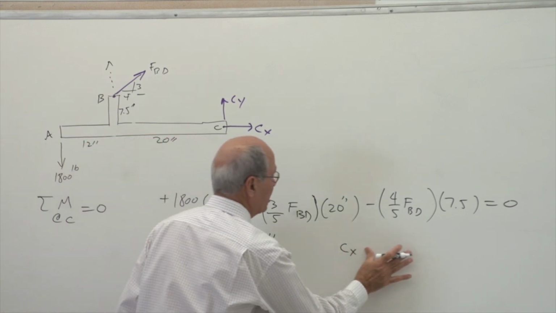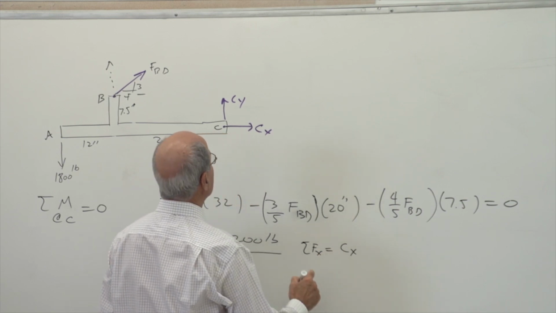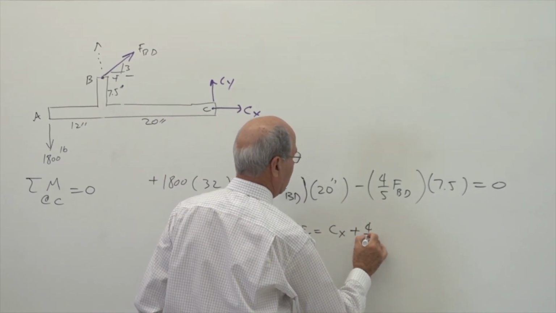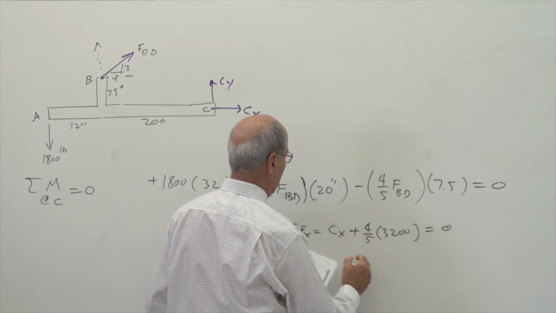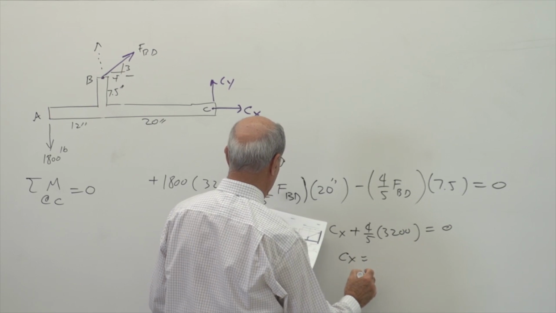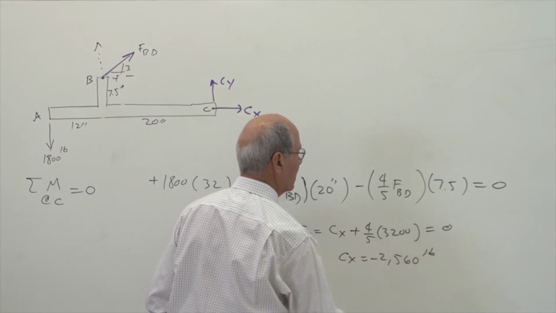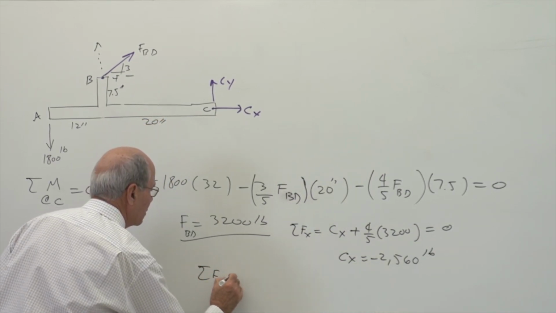So write it down. Sigma Fx equals 0 is Cx plus 4/5 of 3,200 equals 0. So Cx becomes equal to minus 2,560 pounds. Similarly, sigma Fy equals 0.